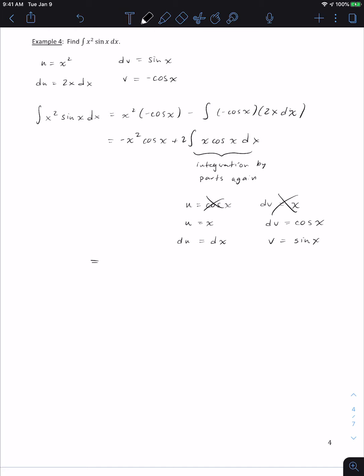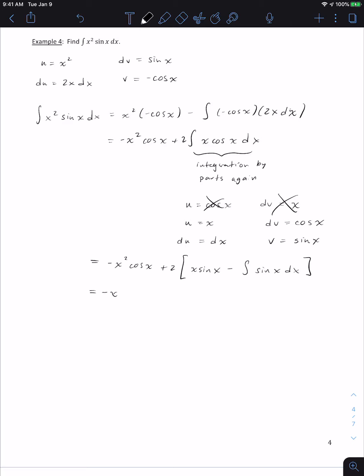So now going back up to the previous equality, I get negative x squared cosine x, and now plus 2 times this whole thing, right? Because this whole integral that I'm multiplying by 2 is the integration by parts. So it's uv, so x sine x minus v du, so minus sine x dx.